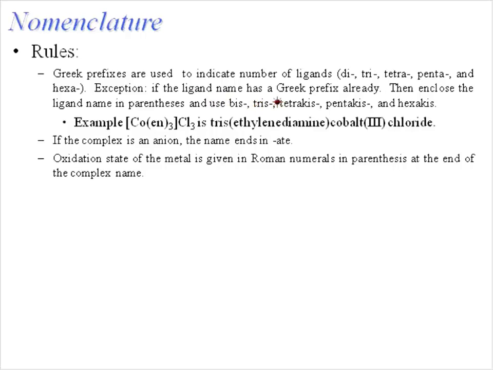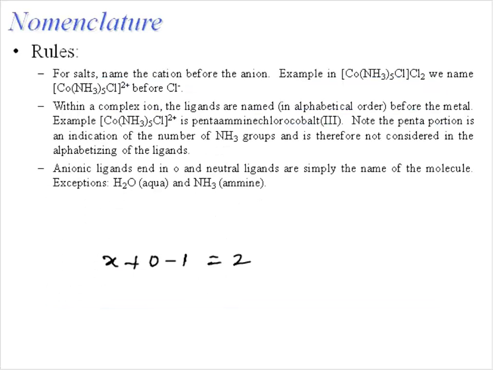Ligand name has Greek prefix already. What if the ligand name has Greek prefix already? In this example, ligand name amine did not have any Greek prefix. So no problem.